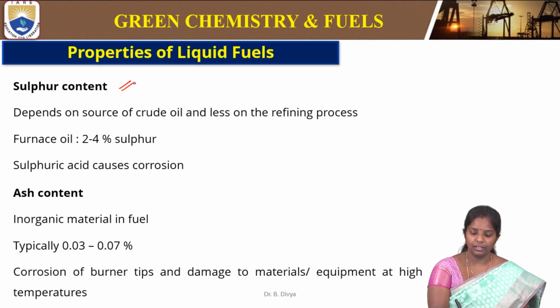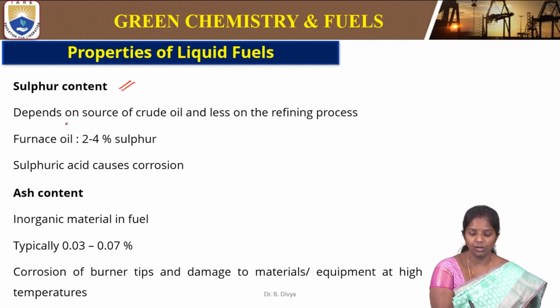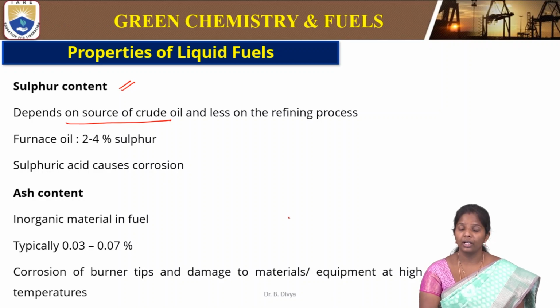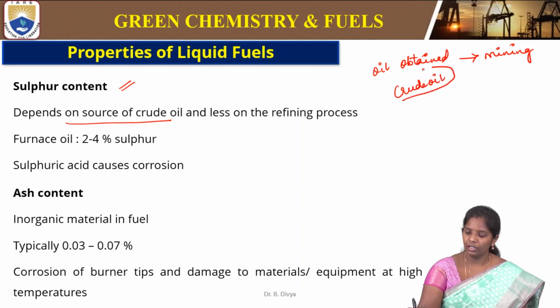Then the sulfur content. The presence of sulfur also varies depending on the source of crude oil. What is crude oil? Just the oil that is obtained during mining. This crude oil is the one which is obtained during mining.